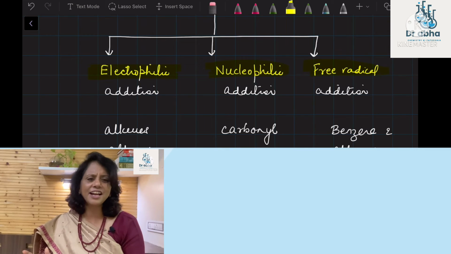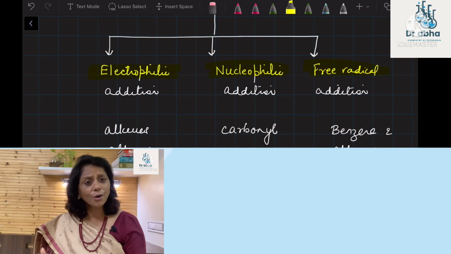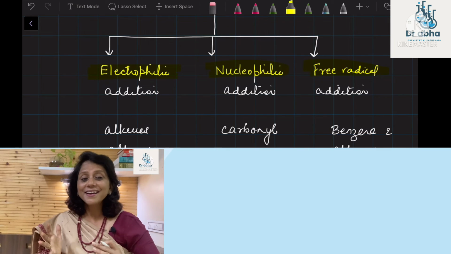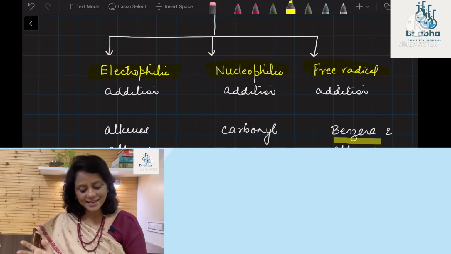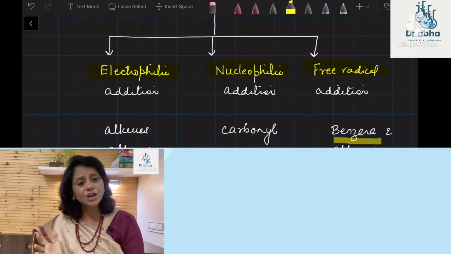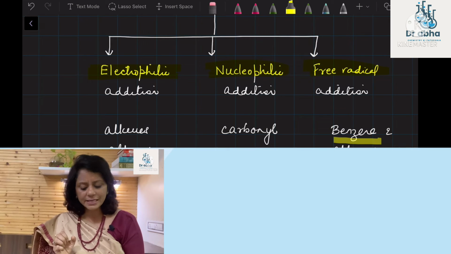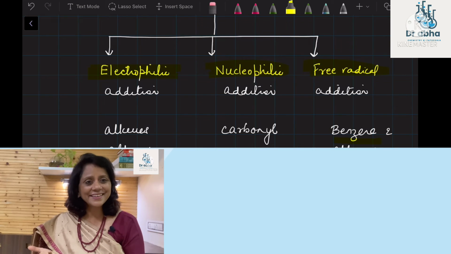And free radical addition: usually additions do not require strong conditions, as I mentioned, but there are certain compounds which do not like to undergo addition. Can you guess something? Yes, something like benzene. They do not undergo addition very easily. They undergo substitution easily. So for such compounds, you will always see that for their addition we require free radicals, right?